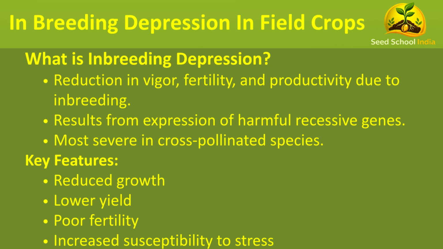The severity of inbreeding depression depends on the crop species and its level of natural heterozygosity. Cross-pollinated crops experience much greater inbreeding depression than self-pollinated crops because they naturally carry many hidden recessive alleles that become expressed during selfing.